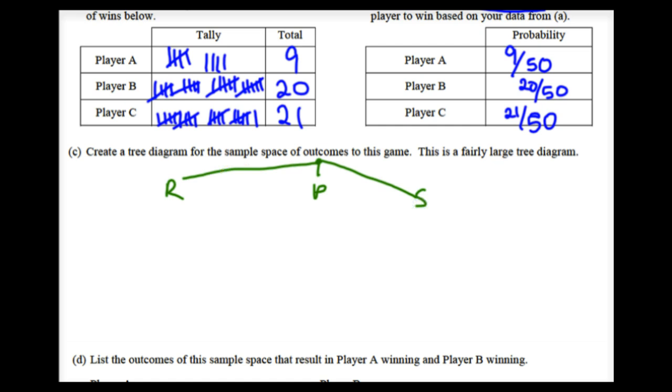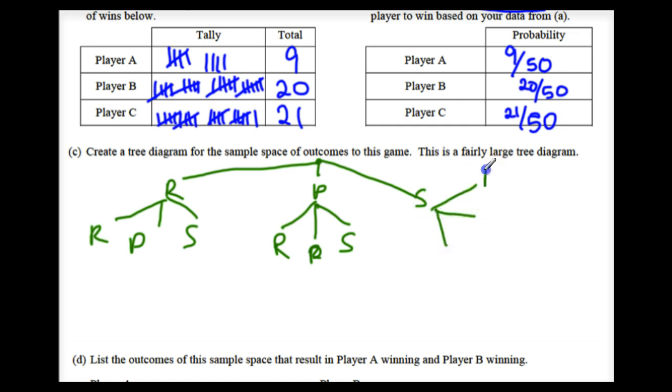That's my 3. And then I'm going to keep going. This rock can go into rock, paper, scissors. That can be the next toss. Those are the three options that we have in this game.